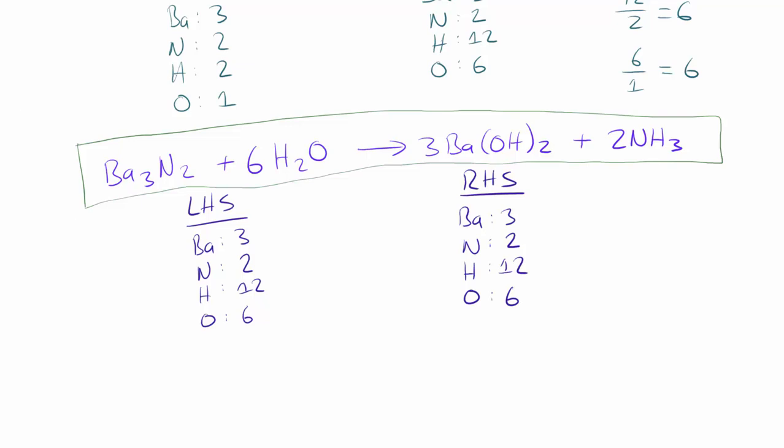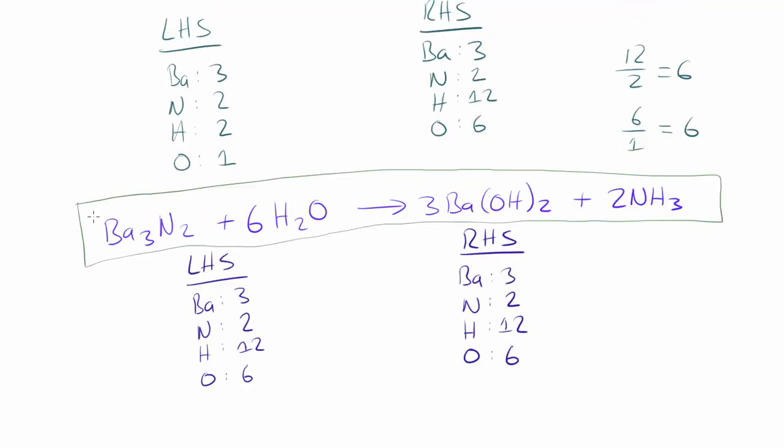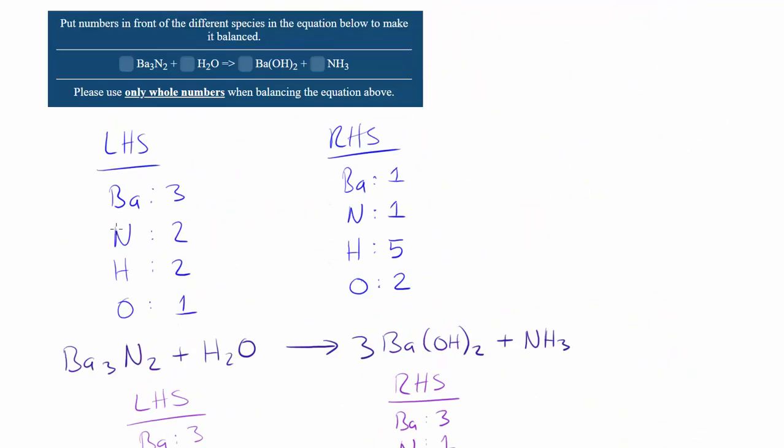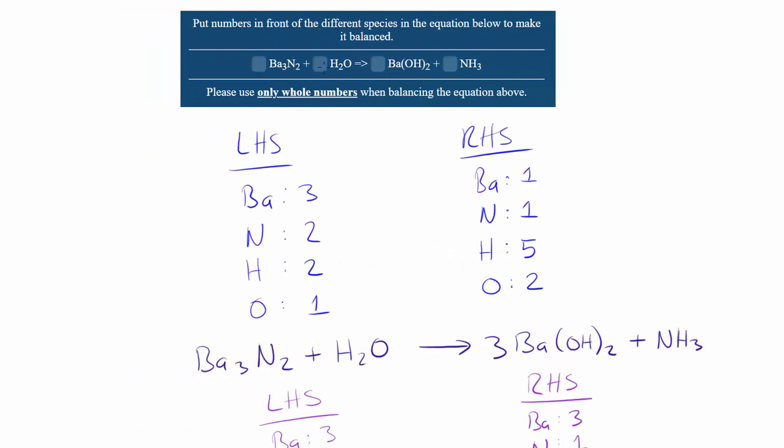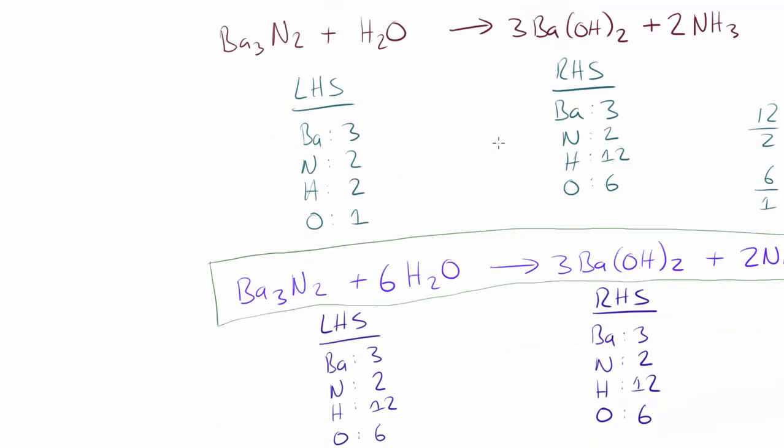We've got whole numbers. So in this case, it's asked us to balance this, and we can say that 1, 6, 3, 2 would be effectively our balanced formula using whole numbers. Okay.